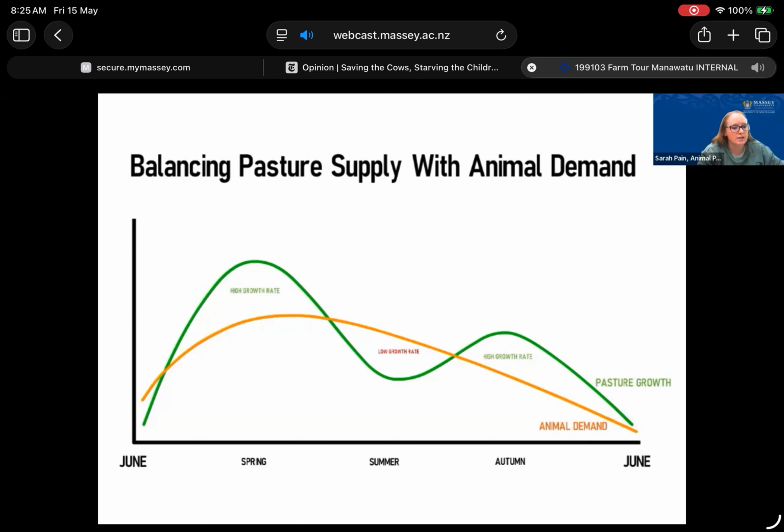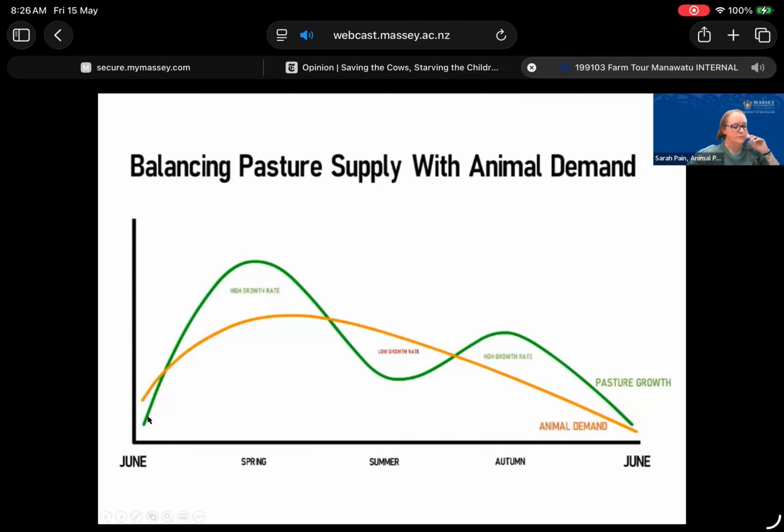That being said, supplementation is pretty common in the dairy industry. It's not very common in the sheep industry unless it's necessary. Most of the time, sheep farmers are able to utilise the pasture that's grown quite successfully.